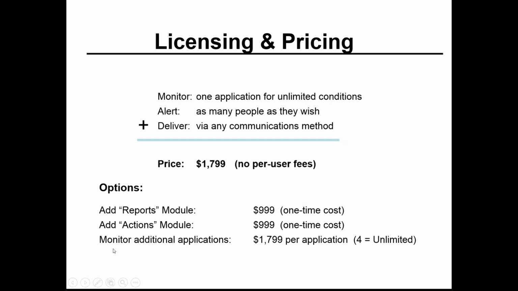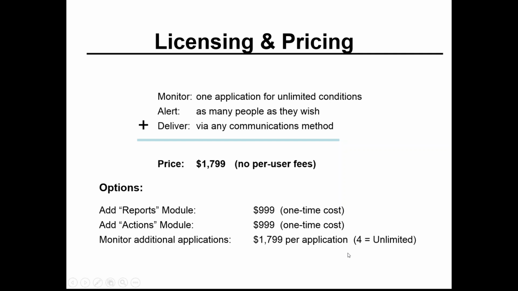The only other option you have is to say, hey, I love this. I want to use this to monitor Sage 100, but I've got some other applications, a CRM app, an HR app, a homegrown app. I'd also like to monitor one or more of those. How much would it be to monitor, for example, my CRM app as well? Well, we try and make it easy. It's an additional $17.99 for each additional application to be monitored.